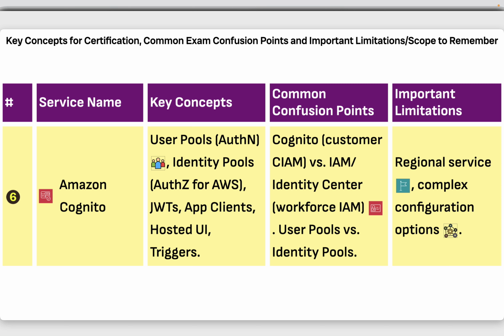And some exam confusion points are Cognito, which is for customer identity access management, CIAM, versus IAM or Identity Center, which is basically for workforce IAM or SSO. And within this, some exam questions will try to confuse you on user pools versus identity pools. Some limitations are it's a regional service and it requires complex configuration options.